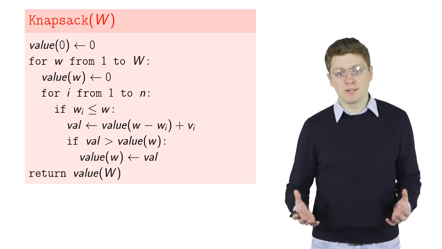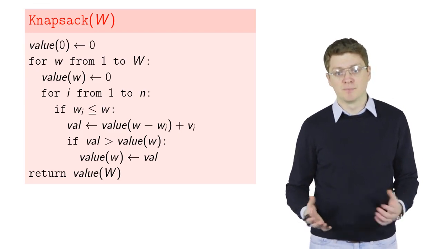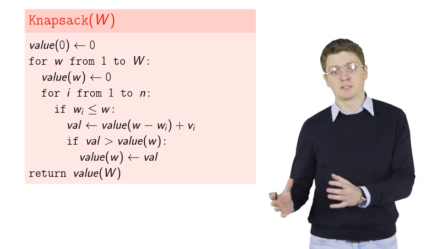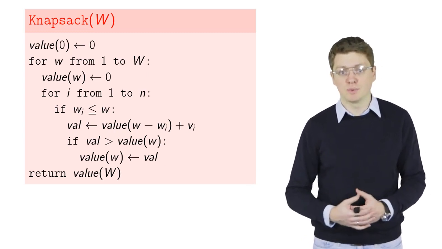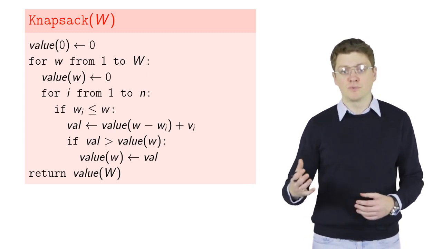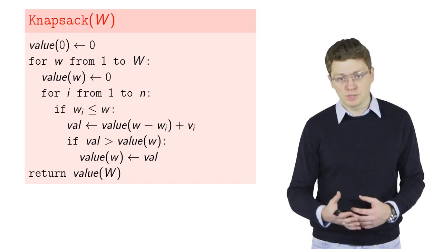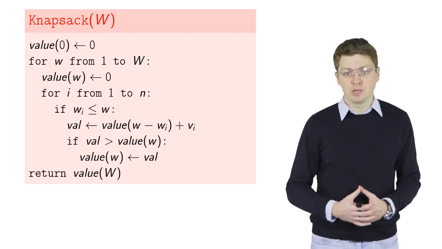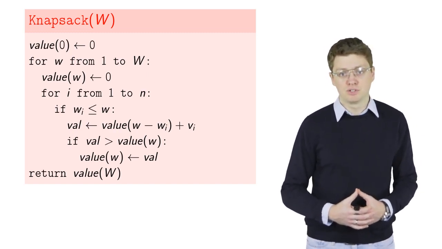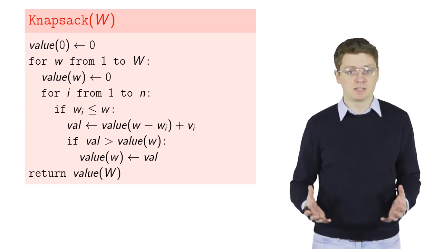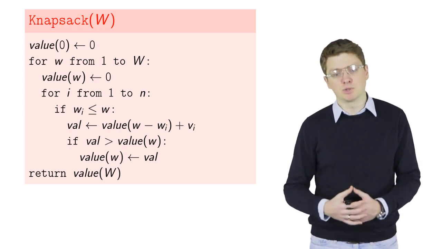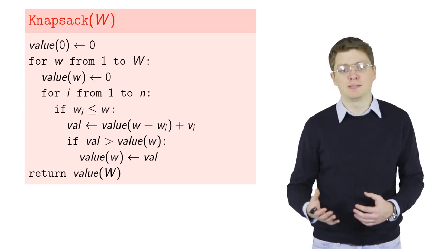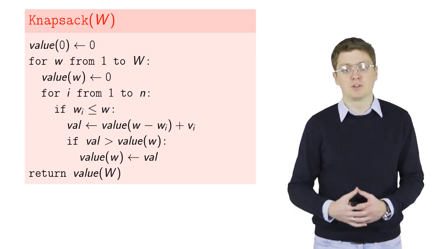Recall that we expressed the solution for a knapsack through solutions for knapsacks of smaller weight. This means that it makes sense to solve our subproblems in the order of increasing weight. So we do this in the pseudocode. Initially, we set value of 0 to 0 just to reflect the fact that the maximal possible total value of a knapsack of weight 0 clearly equals 0.